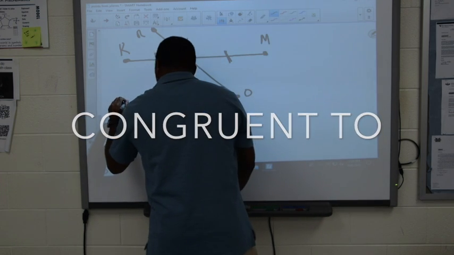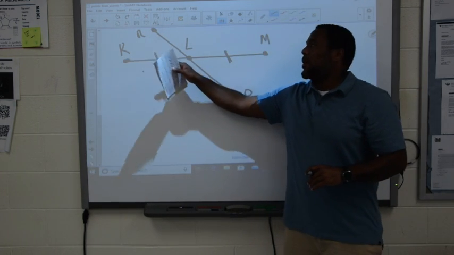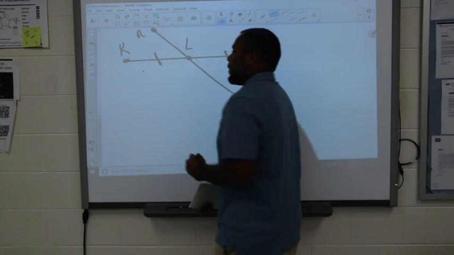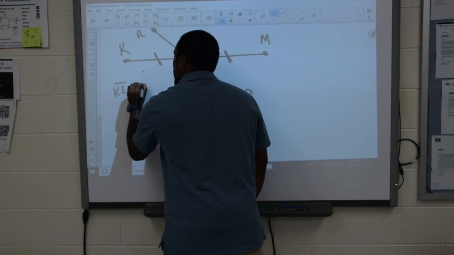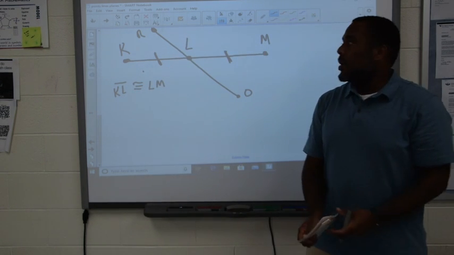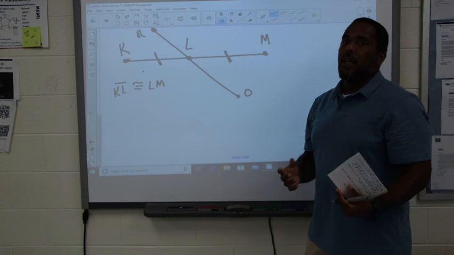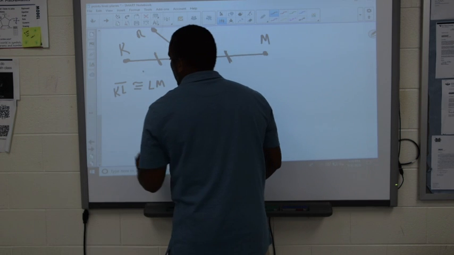So KL, this piece KL is congruent to LM. So I could say KL is congruent to LM. What does that mean? That means that R to O is a segment bisector. So in this case, RO is a segment bisector.